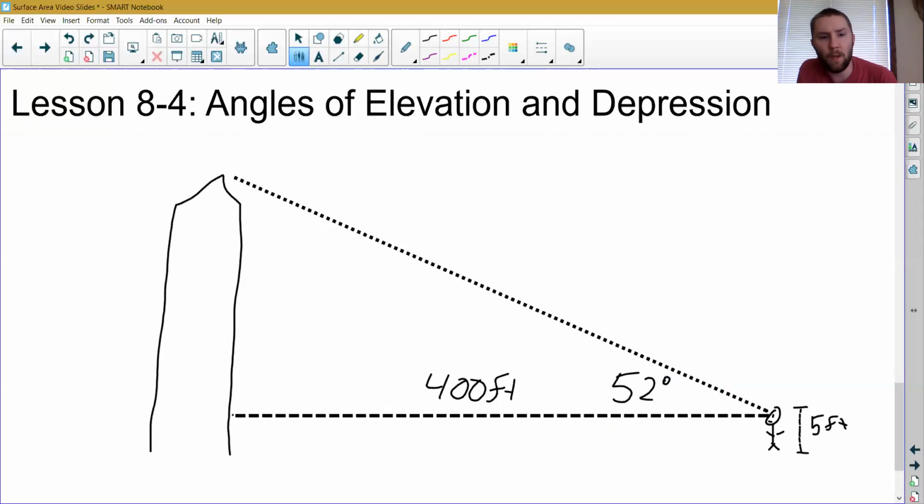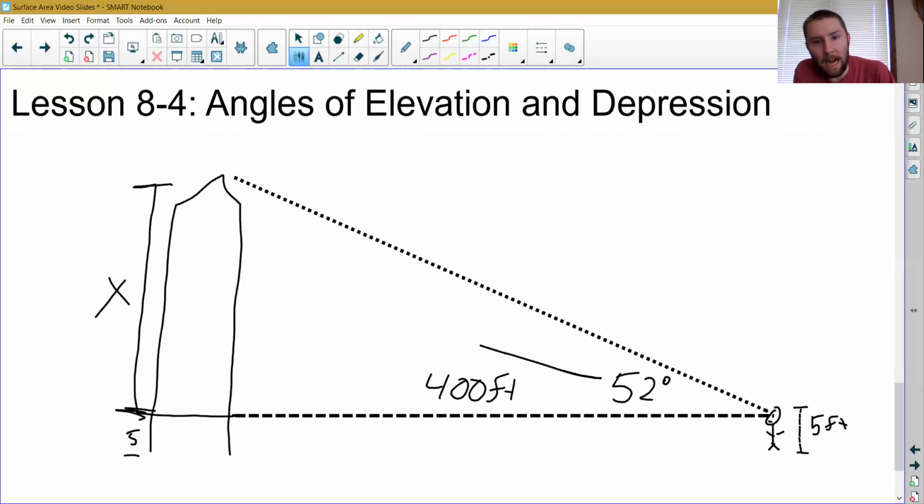What we could do is figure out this length up here, right? We can figure this out pretty easily. And then we just have to add the 5 feet on the bottom, and that will tell us the total height. So we're looking for this side, which is the opposite side from the 52-degree angle. We know this side, which is the adjacent side.